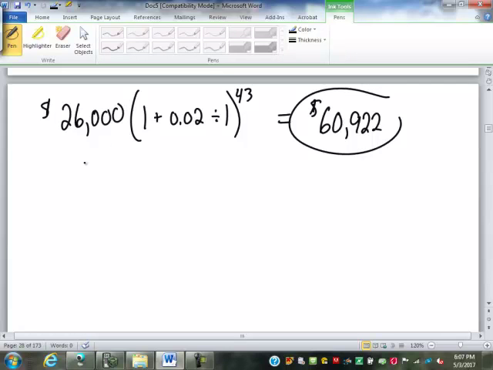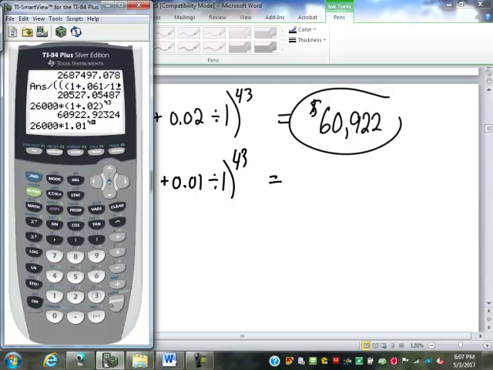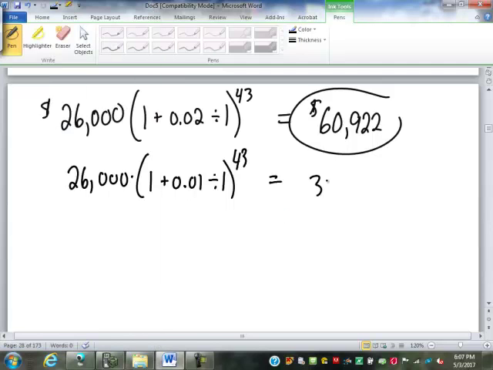So if that were only 1%, how would that change it? I'm taking some shortcuts on my formula here. It would be 39,883.